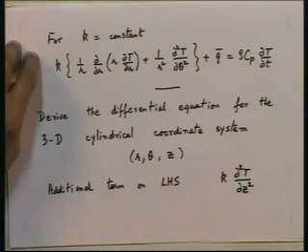This is the additional term that you are going to get in this differential equation. That is all that you are going to get, an additional term out here plus this quantity.